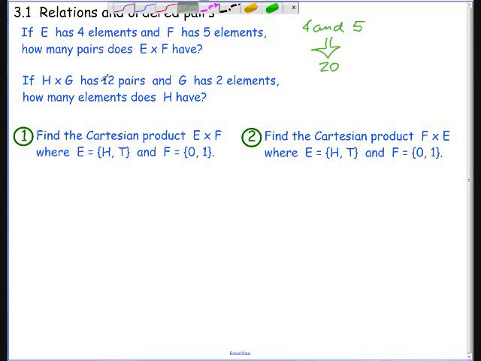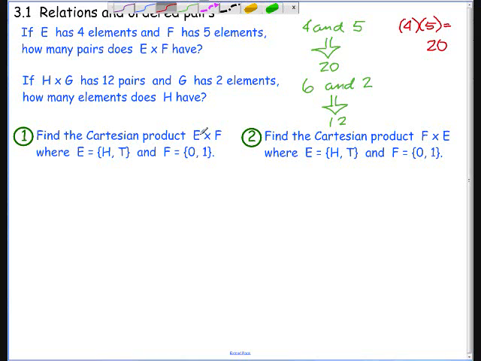If H cross G has 12 pairs, and G has 2 elements, how many elements does H have? Yes. We've seen the relationship now, haven't we? We're saying 4 times 5 will give us the number of elements.